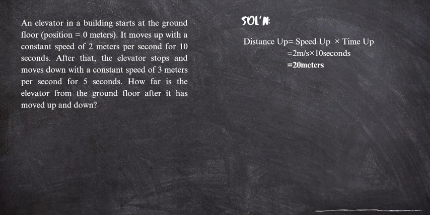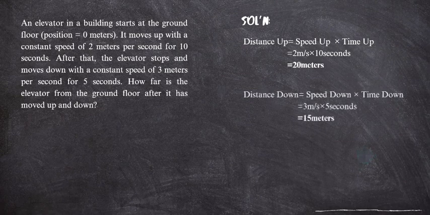It moves up for 10 seconds, so we can calculate the distance it has traveled upward by multiplying the speed by the time. So we have here 2 meters per second times 10 seconds is equal to 20 meters. So the elevator moves 20 meters up.